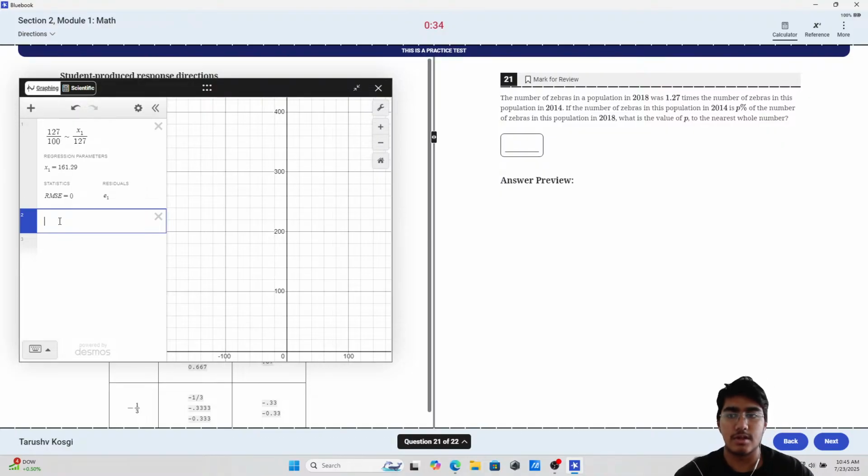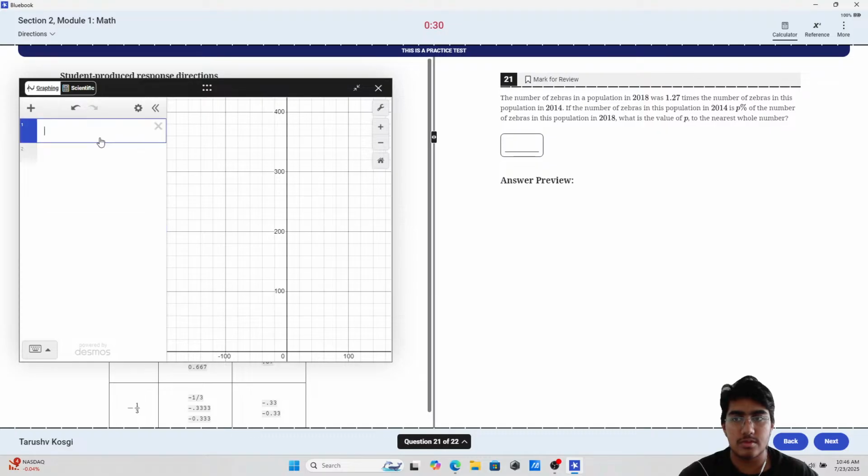Okay, that's not what I meant to calculate. So if we go from 100 to 127, then 7874.